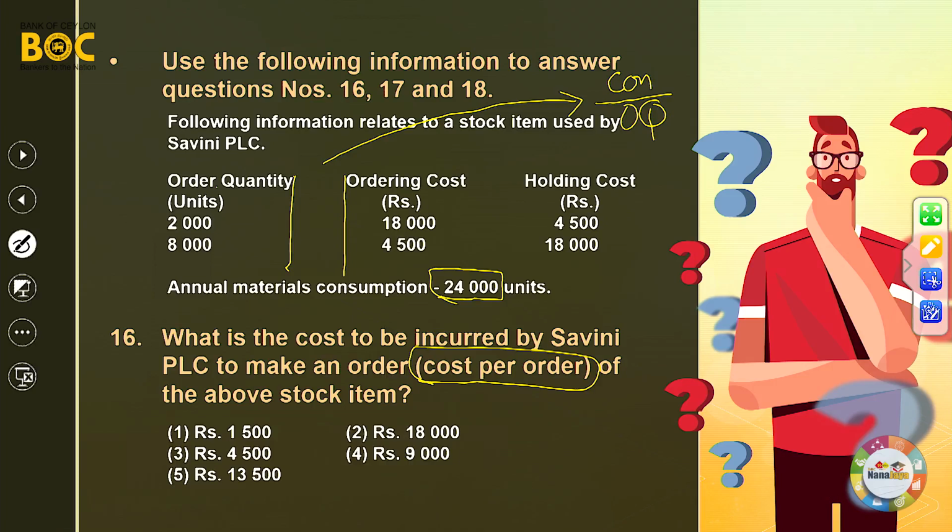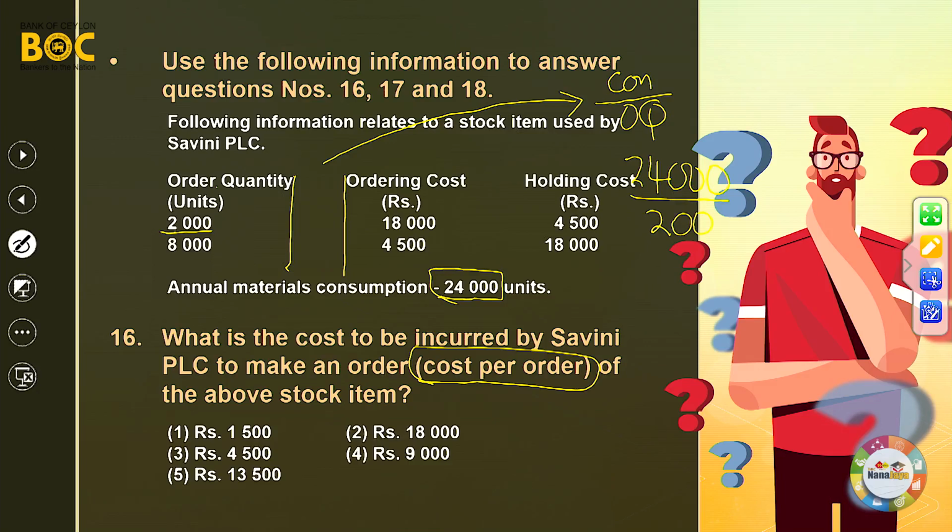So we'll take the first situation. Annual demand is 24,000. How many units do you order here? You order 2,000.